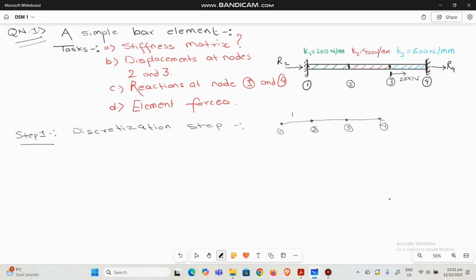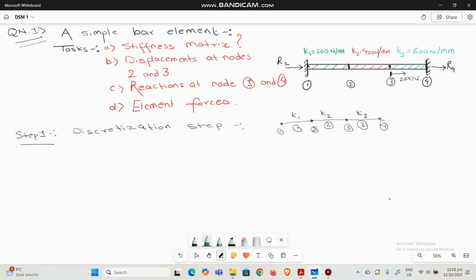Stiffness values are already provided, so I will just write here K1, K2, and K3. And this is element 1, this is element 2, and this is element 3. Now let's provide another color for this.